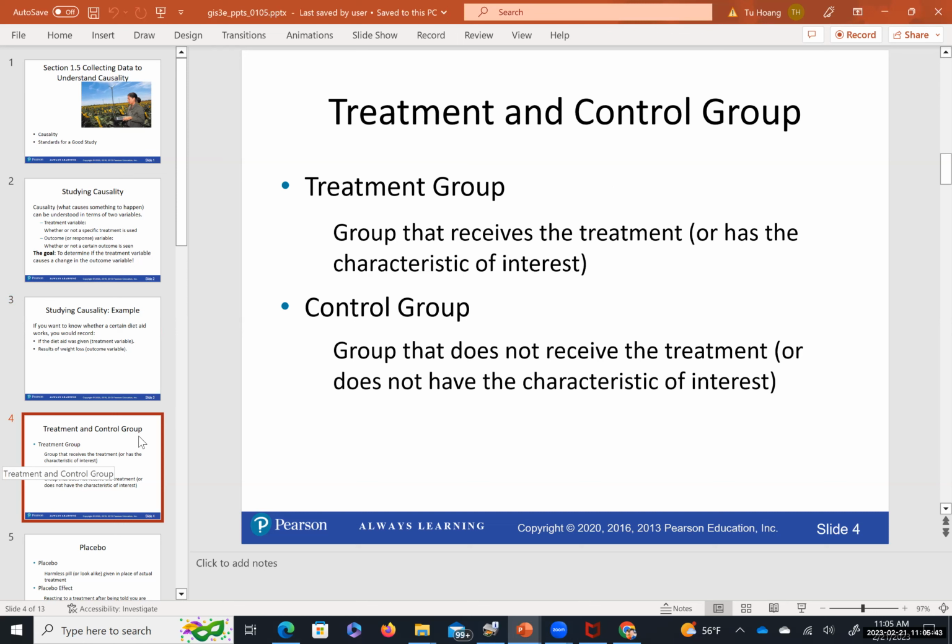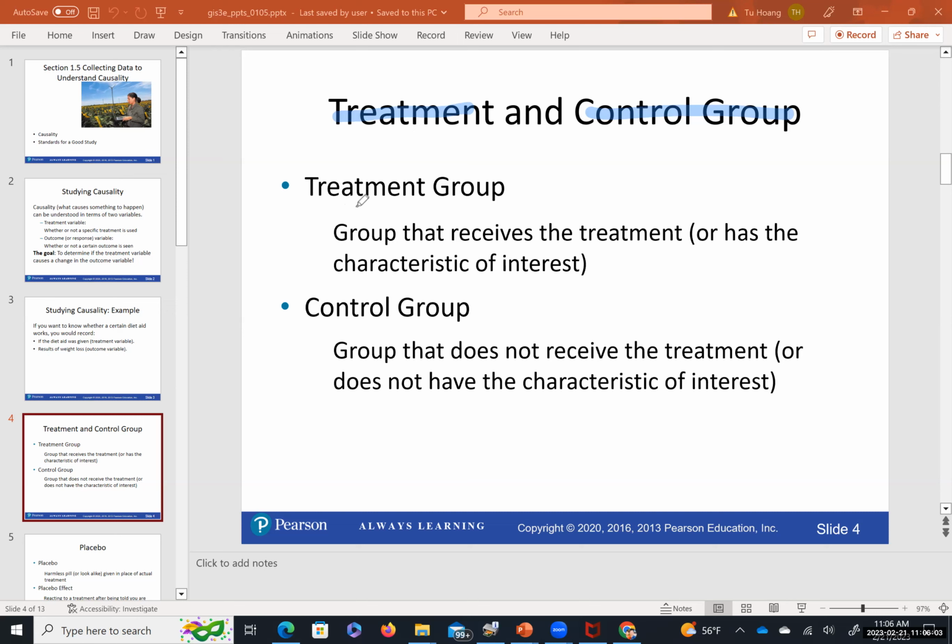So we're going to compare the outcome. As you can see over here, we have two groups, treatment and control group.